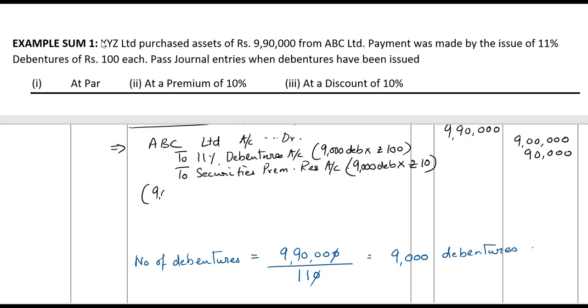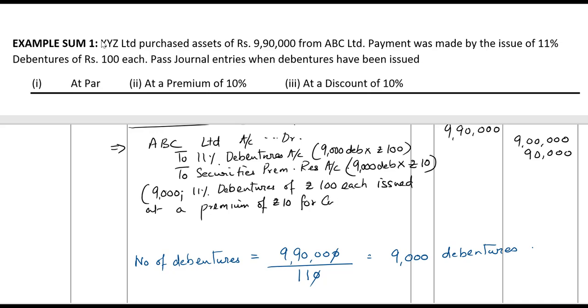Narration: 9,000 11% debentures of rupees 100 each, issued at a premium of rupees 10 for consideration other than cash.